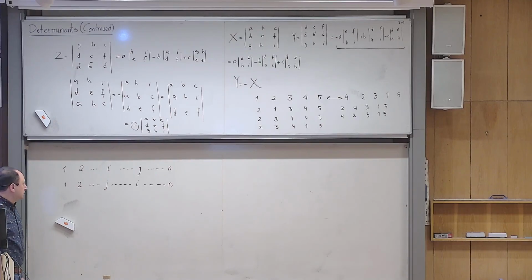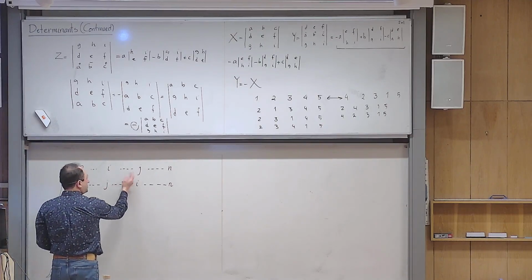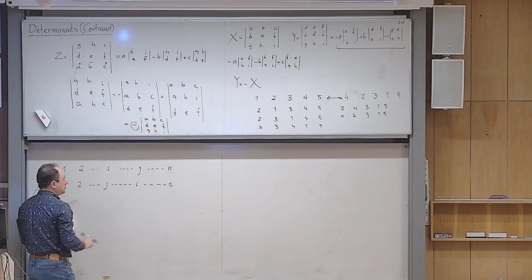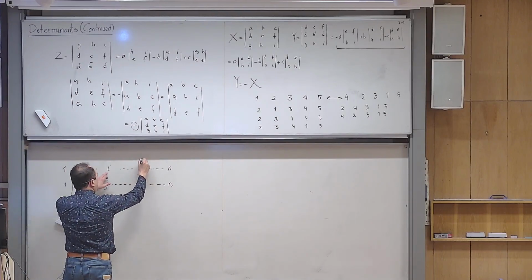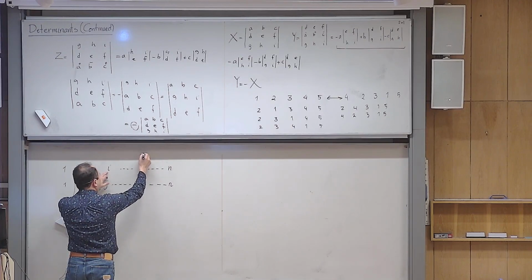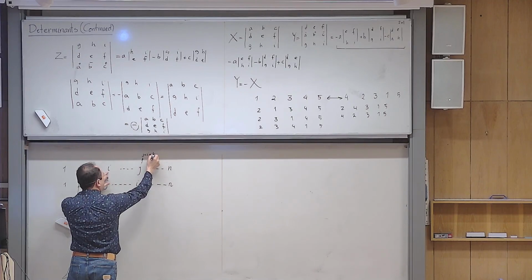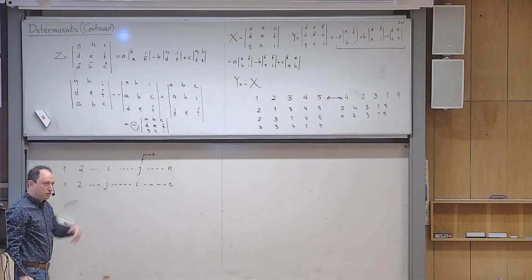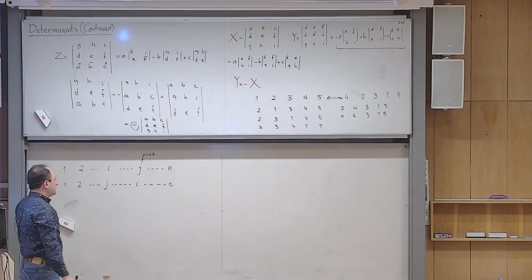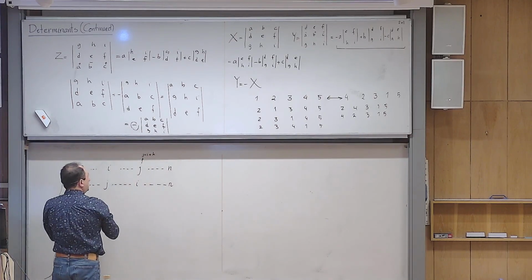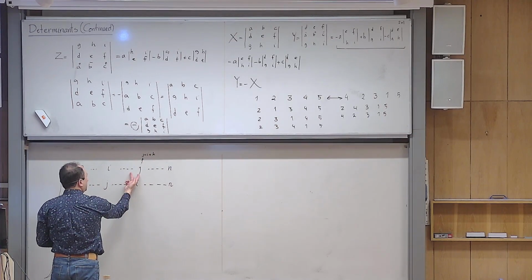Let us count how many interchanges you need to go here. Let us say that J is larger than I, so J is equal to I plus a number k, k steps forward. So how many steps do you need to take J and move it here?